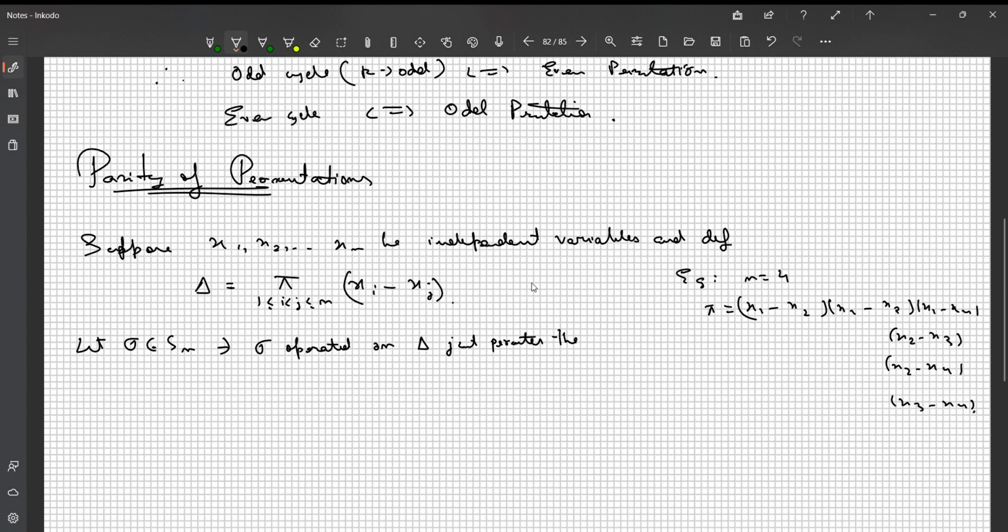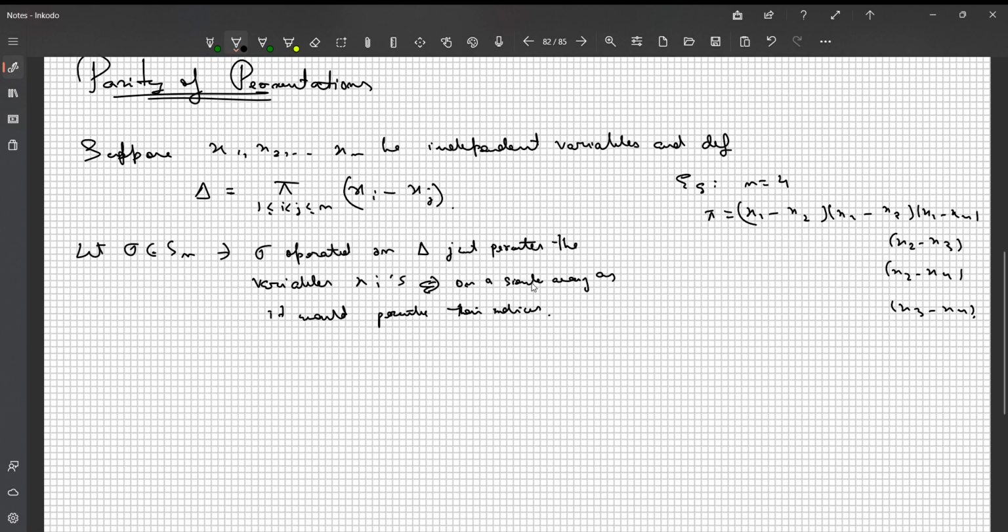Now let sigma belong to Sn such that sigma operated on delta just permutes the variables xi in a similar way as it would permute their indices.